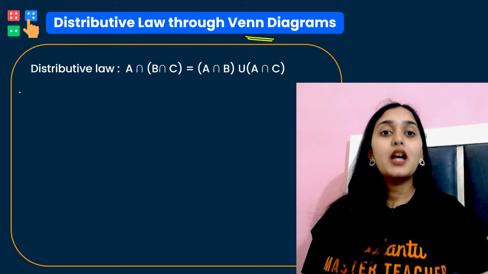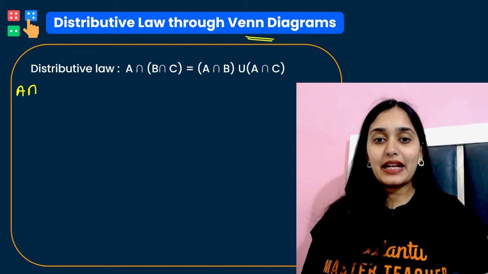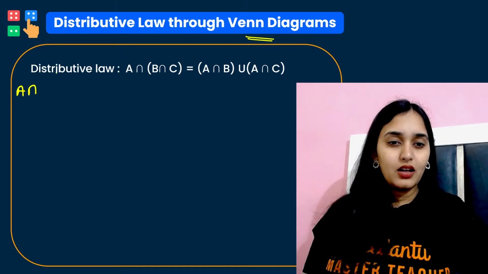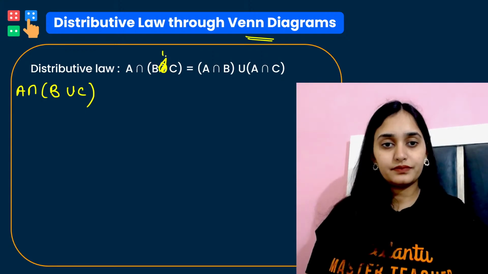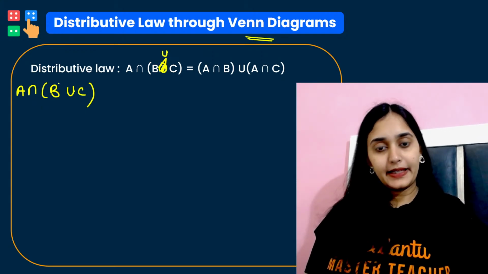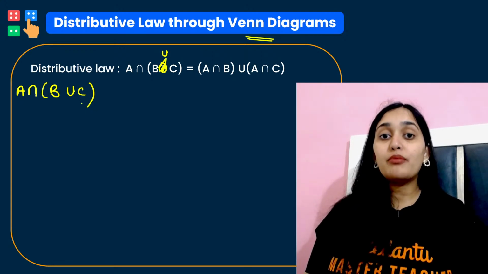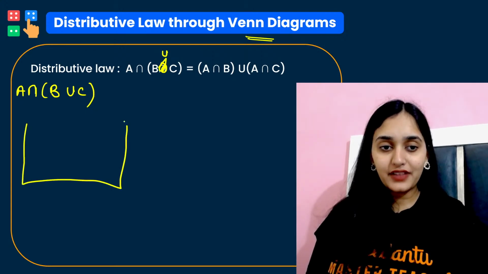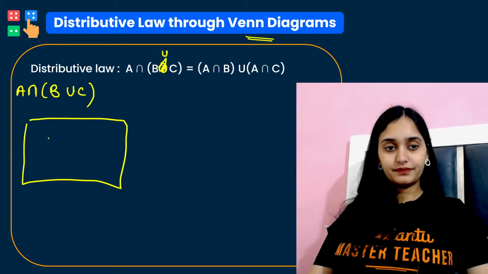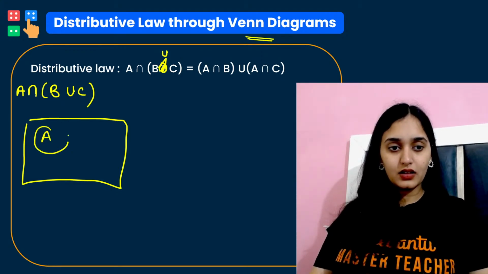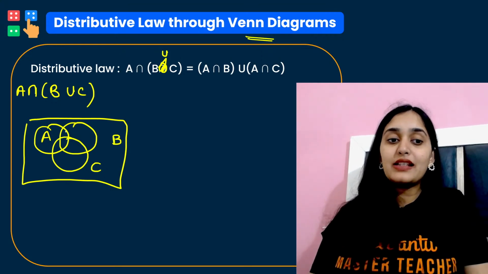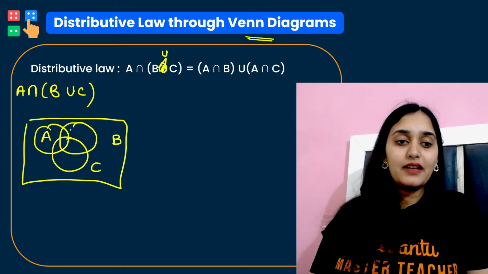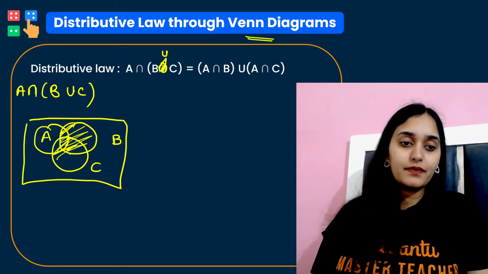Now, if you want to understand the distributive law through Venn diagram, we can also do that. So, first of all, if you want to know what is A intersection B union C, suppose I have three sets A, B and C. Now, what is B union C? B union C is basically this whole part.